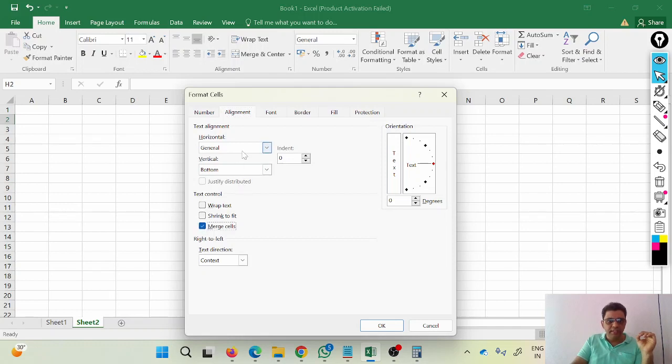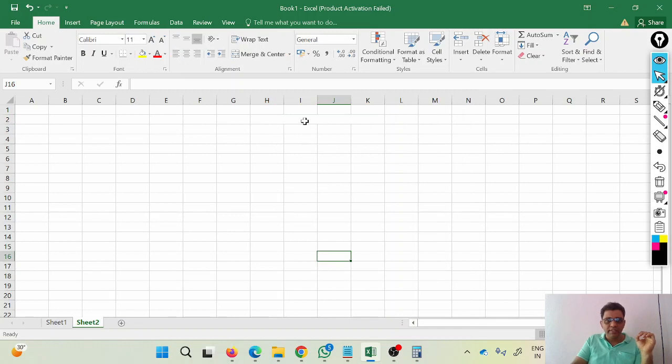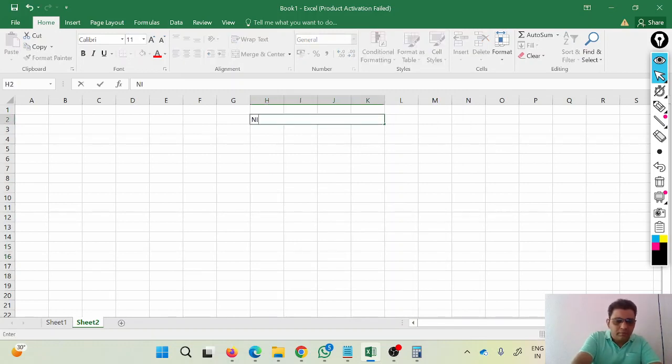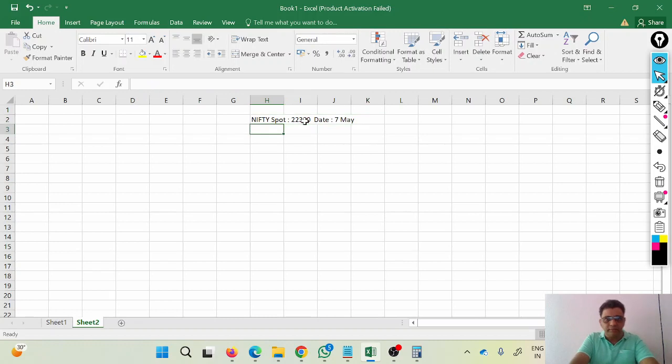Alignment, merge cell, I will take left indent over here. Nifty spot is 22,300 and the date is 7th of May.